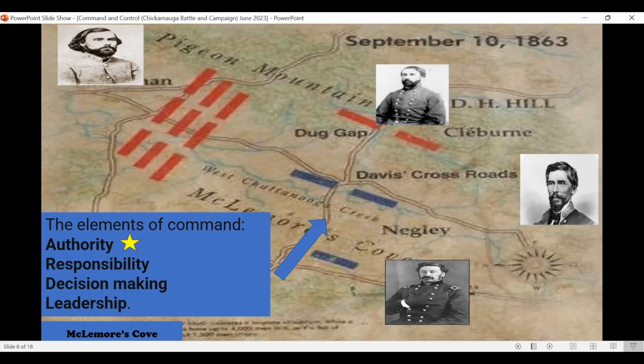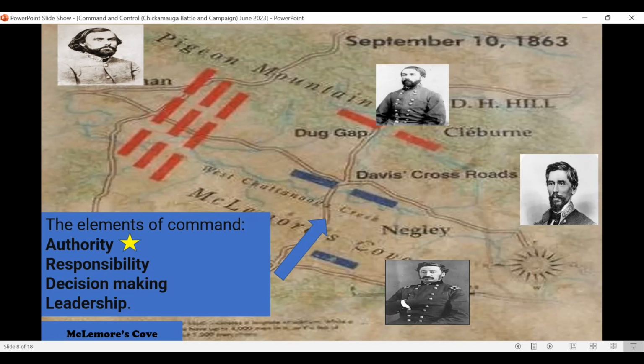But Bragg to Hyman sends a message to him, says that it's highly important that you should finish the movement now going on as quickly as possible. It is important now to move vigorously and crush him, being Negley. But Hyman is skittish. He is beginning to feel threats to his flanks coming from the north.